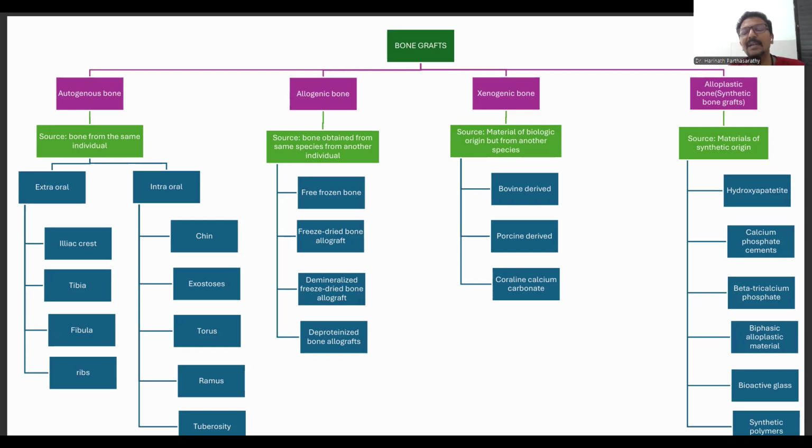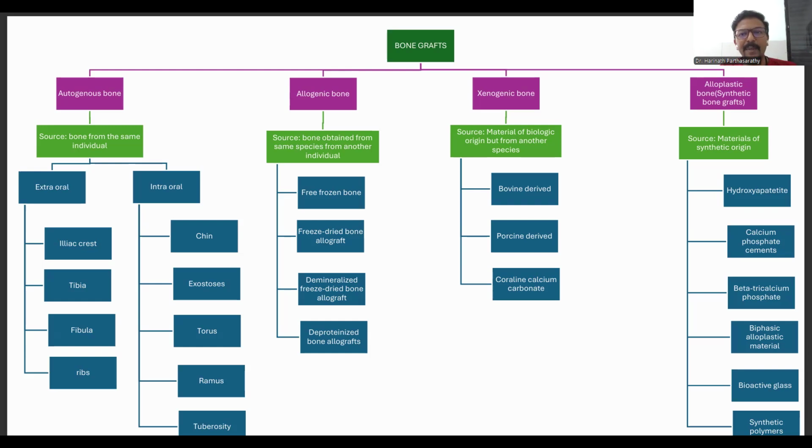So this is a brief gist about each type of bone graft, how they are classified, and where they can be used more effectively. We use all these bone graft materials for multiple purposes like socket preservation, peri-implant bone defects, periodontal bone defects, sinus augmentation for implant placement at a later date, ridge augmentation, and periapical surgeries.